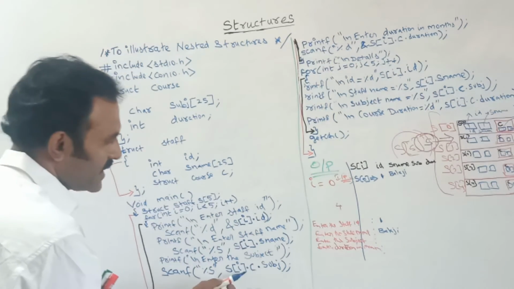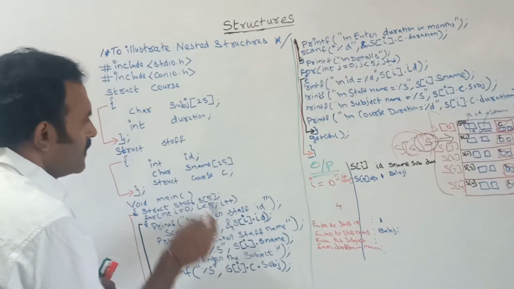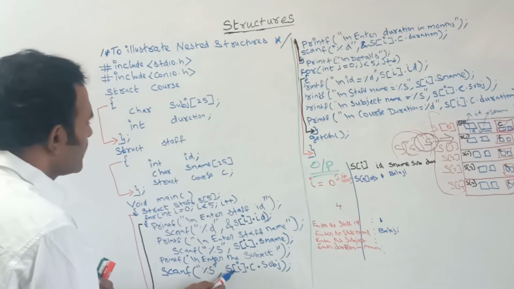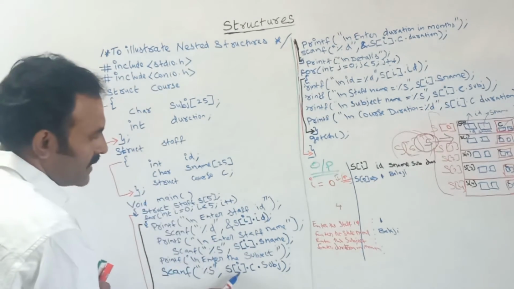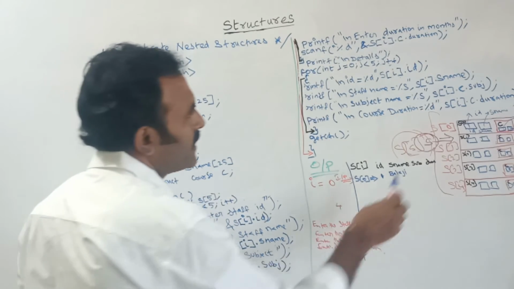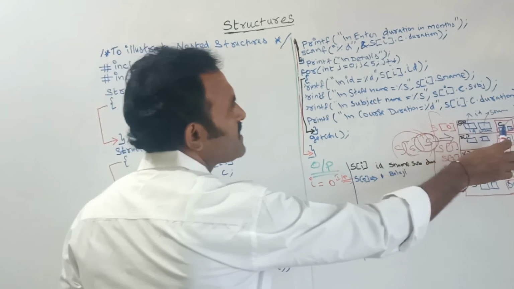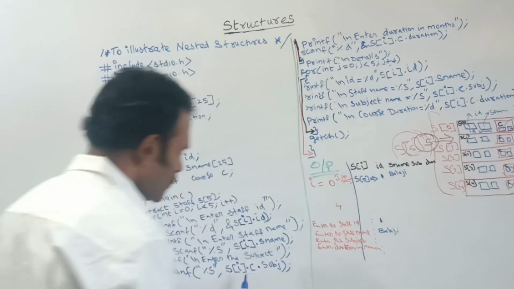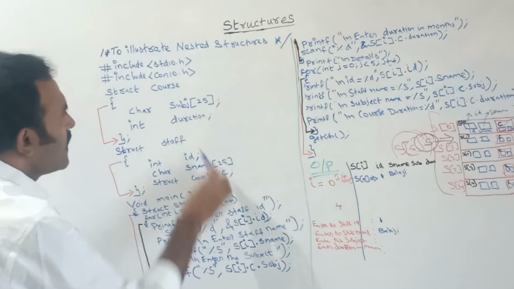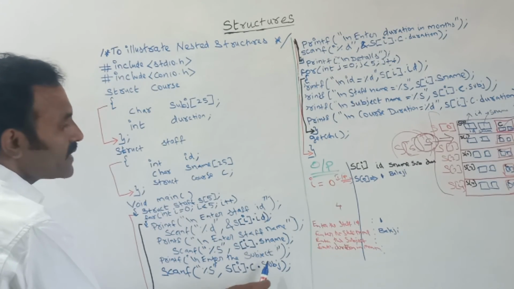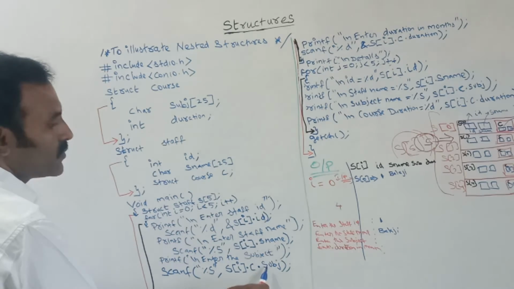Here this is the inner structure; I had created another structure variable named C. This structure variable C is the inner structure, and S of I, that is S of 0 dot C. So inside that structure variable C, I am storing the input given by the keyboard to subject.